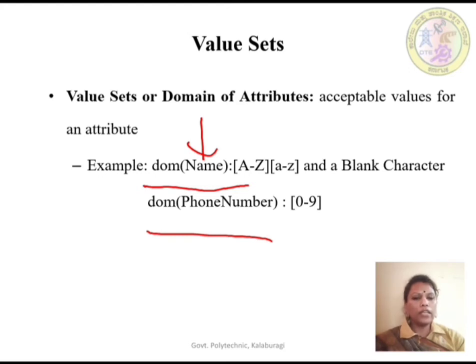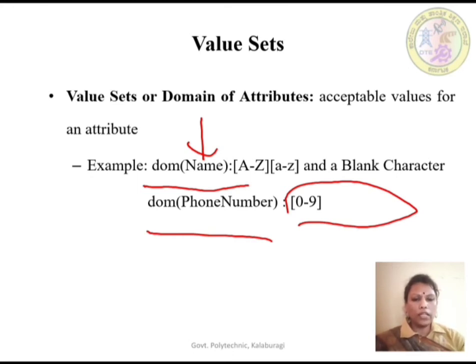We can enter only numbers, that is digits. So the domain of phone number is 0 to 9. Any one from 0 to 9 is the first digit, second digit any one number from 0 to 9, third digit any one from 0 to 9, up to 10 digits are allowed. Here we can mention it continuously, up to how many digits we are going to enter.